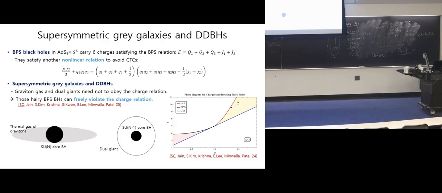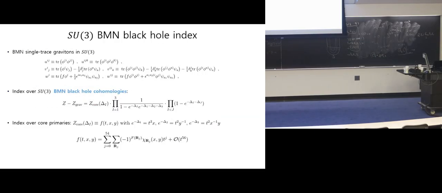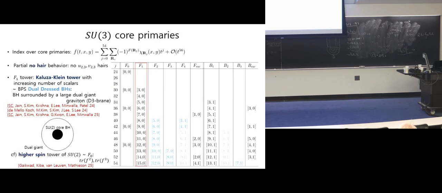So you can ask that, can we see these operators in SU3? Yeah, so we did similar analysis for SU3 in the BMN sector, subtract the graviton index and so on, and this is the result. So these 2 numbers are nothing but the Dynkin labels for SU3.